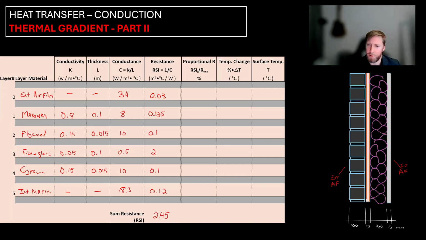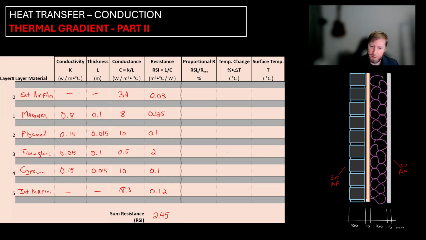Okay, so now what I'm going to do is look at part two. And this starts off by first identifying the proportion that each layer of this system is responsible for, or should I say, its portion of the RSI. So for instance, the insulation is going to be the layer which has the largest portion of that thermal resistance.